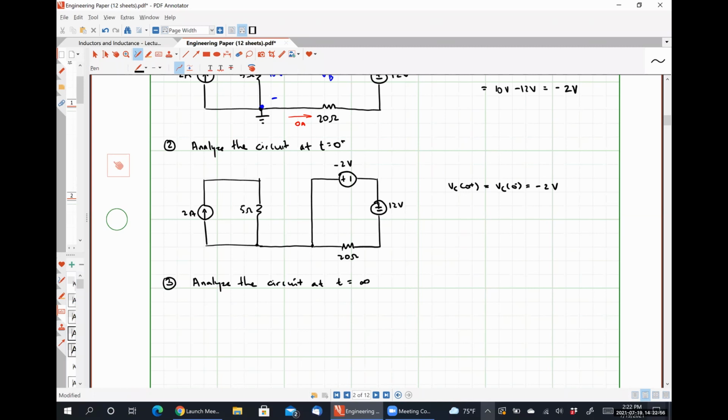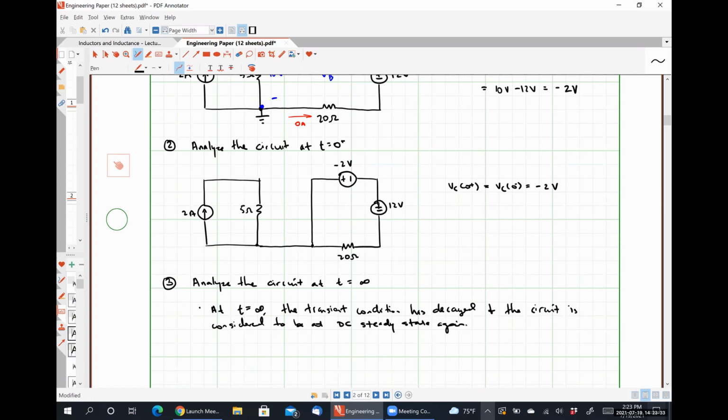So at t is equal to infinity, the transient condition has decayed and the circuit is considered to be at DC steady state.